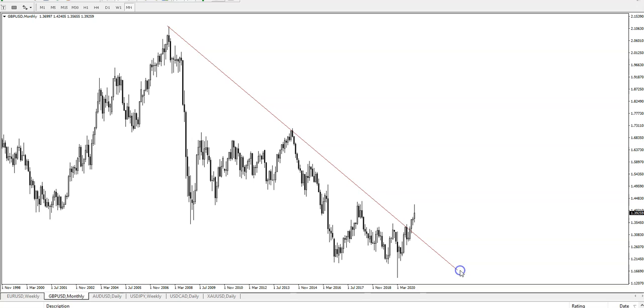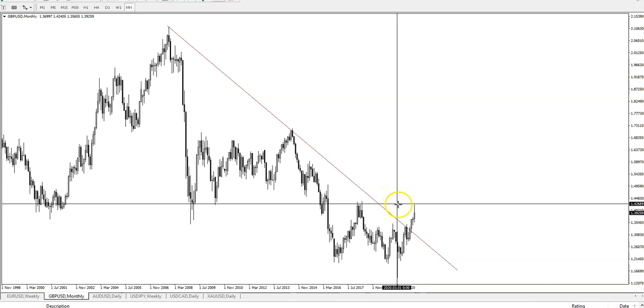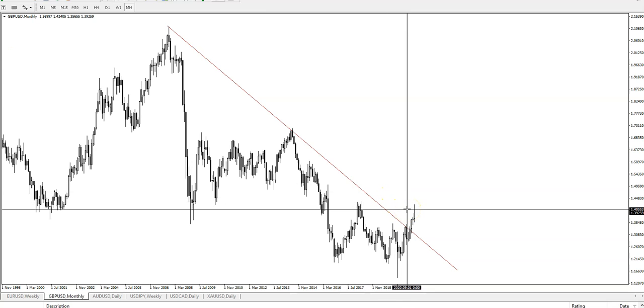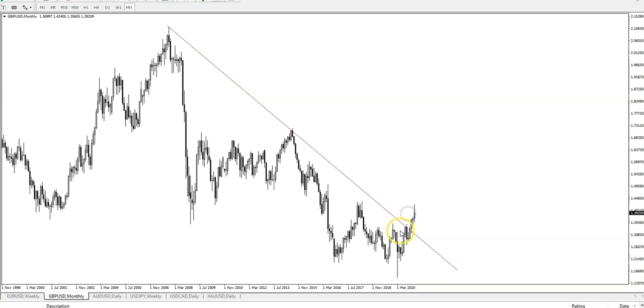So this was what I had previously: one touch, two, and just a bit of a month ago, no, sorry, at the end of last year, we had the third touch. I think it's quite irrelevant at this stage because what is clear to me is that price has a double bottom.